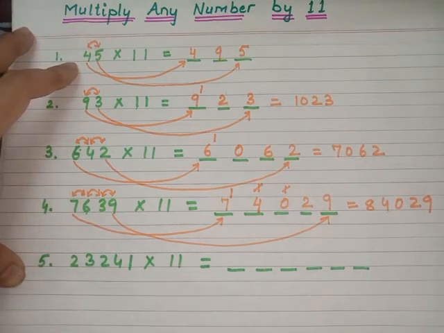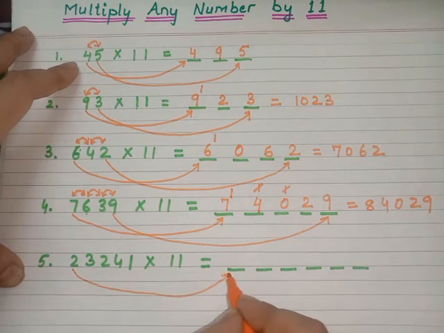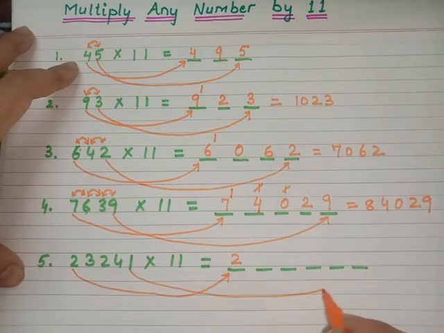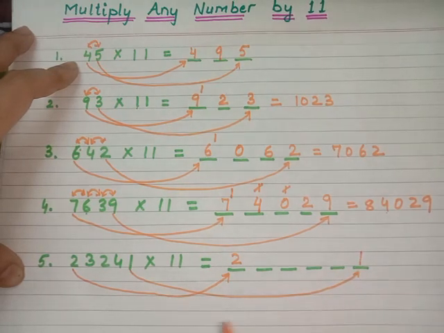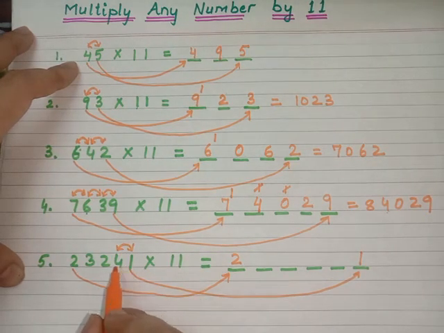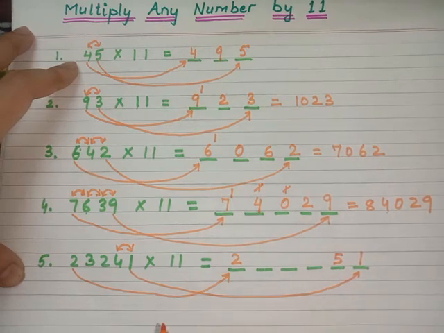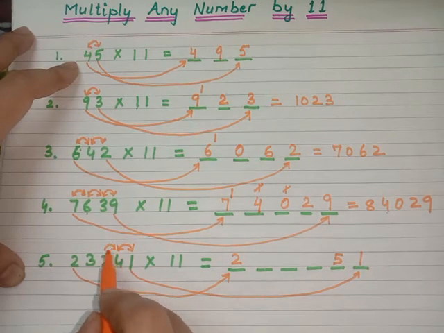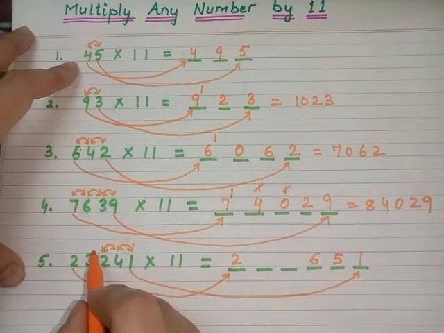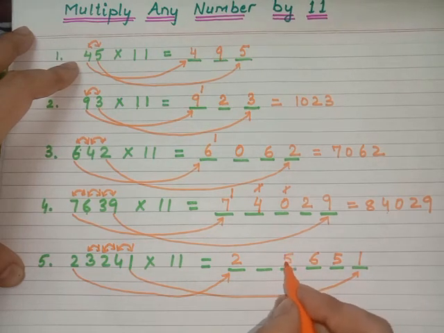So again what we have to do is take this first digit and place it on the first place. We'll be taking the last digit and placing it on the last place, right? Again the first and the next digit, 2 plus 3 is 5. Yes, next addition of the next digits, 3 plus 2 is 5.